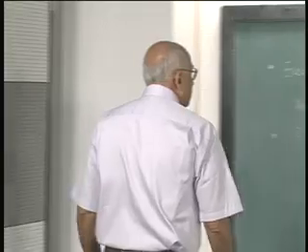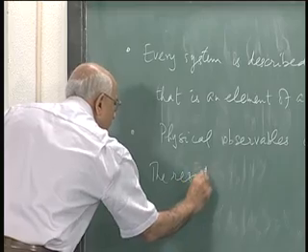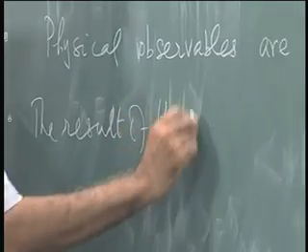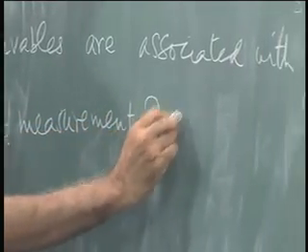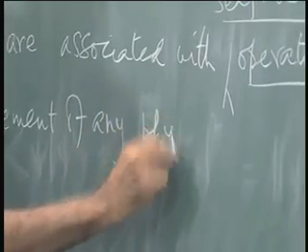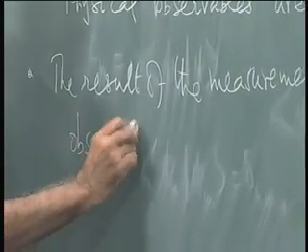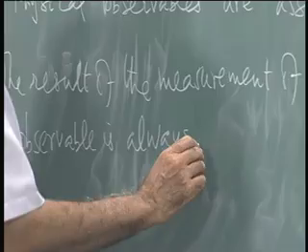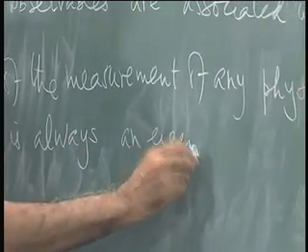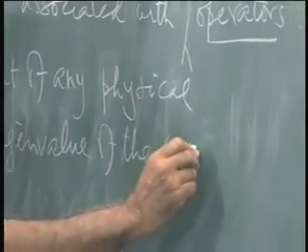Okay. Then the result of the measurement of any physical observable is always an eigenvalue of the corresponding operator.